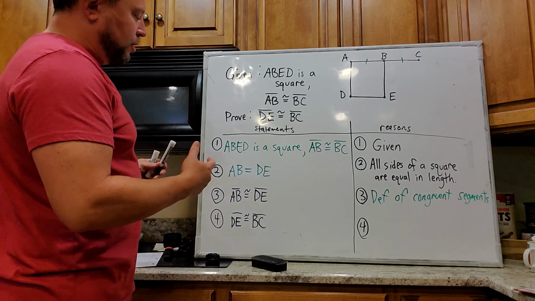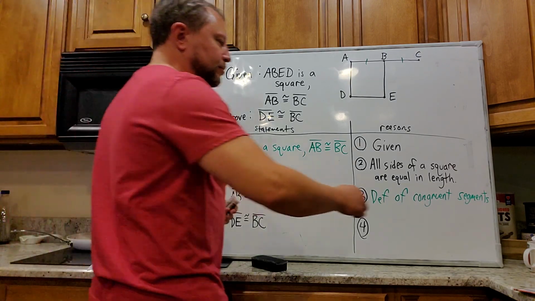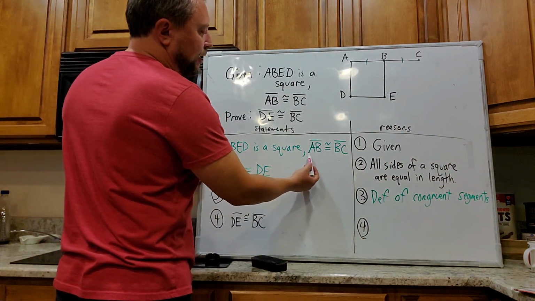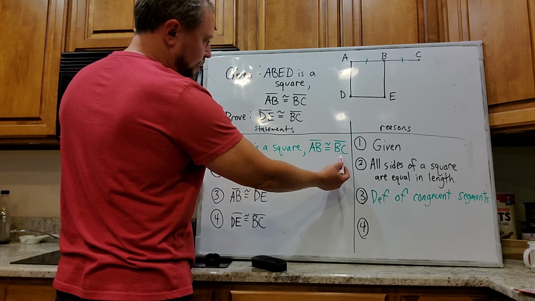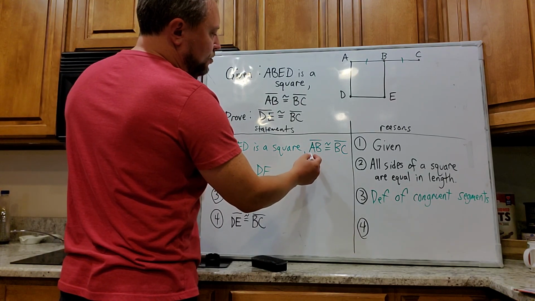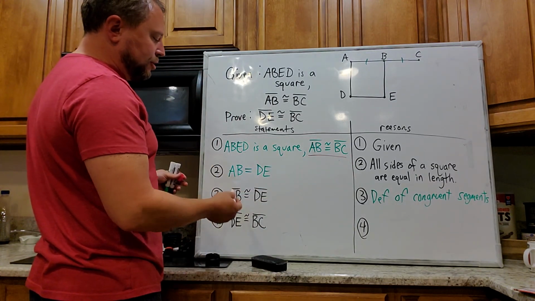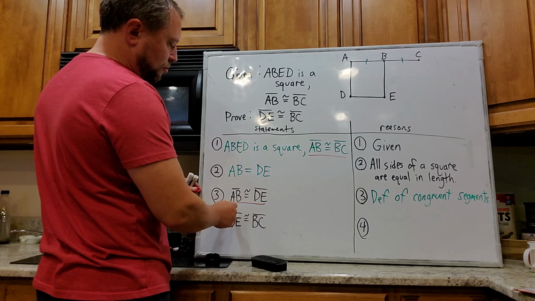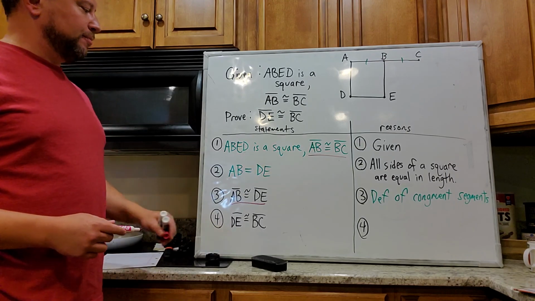If you look now at your previous steps, like back here in this given, I had that AB is congruent to BC. If you look at that in combination with this idea, then we can actually generate this last one.